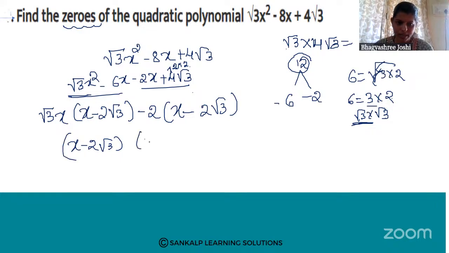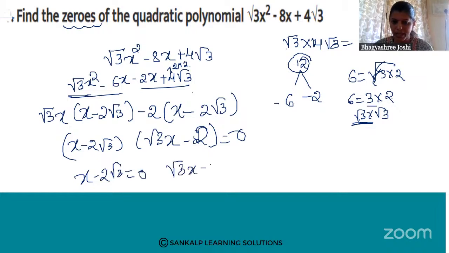So we get (x minus 2 root 3) and (root 3x minus 2). Equating these factors to 0: x minus 2 root 3 is equal to 0 and root 3x minus 2 is equal to 0. Transferring minus 2 root 3 to the other side, x is equal to 2 root 3.